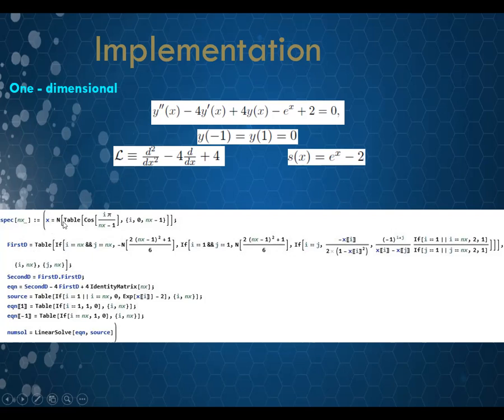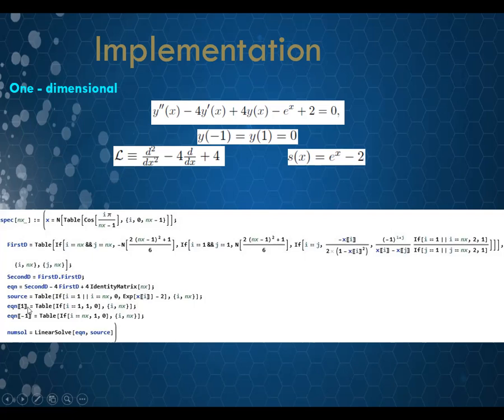Here you discretize the independent variable domain by the Gauss-Lobatto generator, and here define the first derivative as I mentioned some slides ago, and the second derivative defined as the first derivative to the power 2. Make the equation operator form as the second derivative minus 4 times the first derivative plus 4 times the identity matrix, and define the source column matrix.